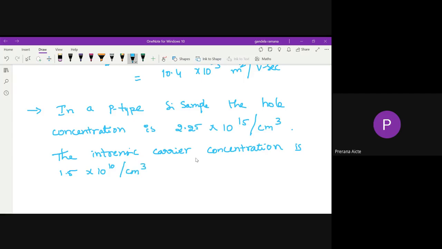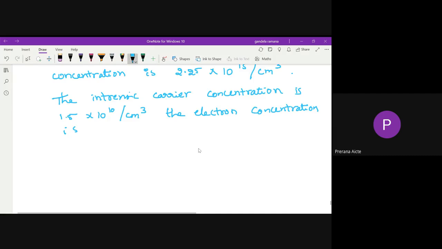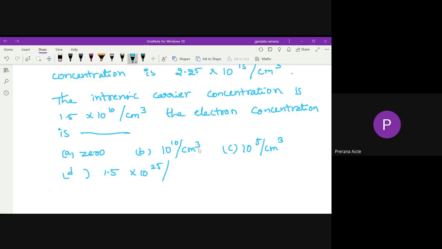The electron concentration is what? They have given the options: 0, 10 power 10, 10 power 5 per centimeter cube, and 1.5 into 10 power 25 per centimeter cube.